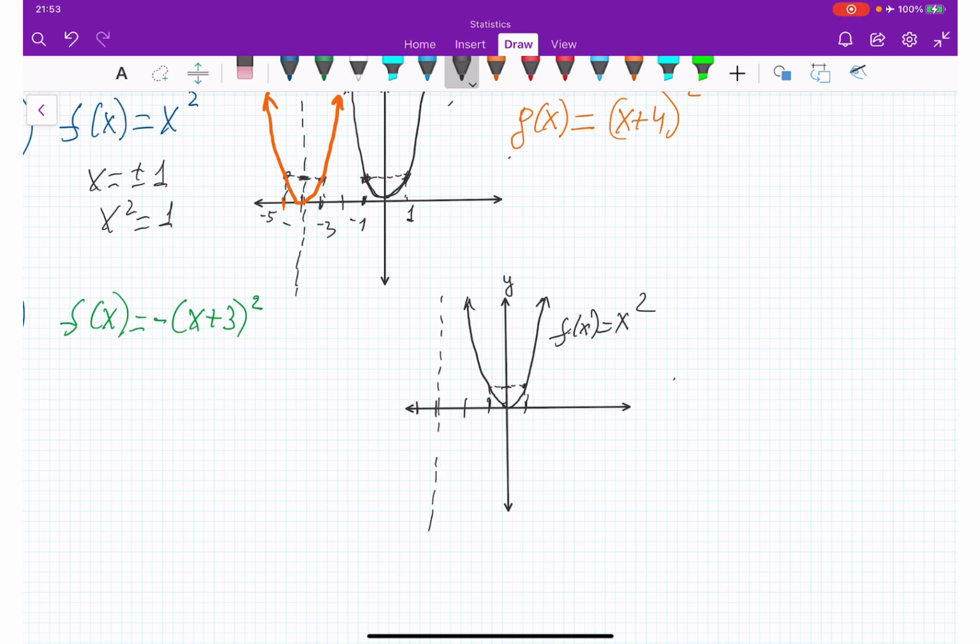-1, +1, and the same, this point, this point.